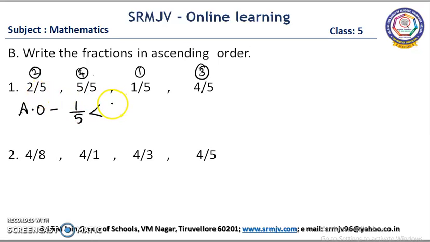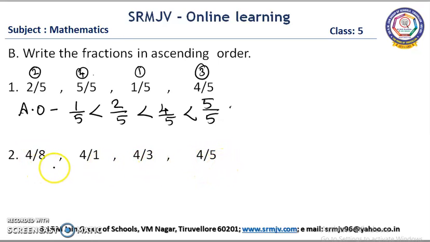Then 2 by 5 is the smaller fraction. Then 4 by 5 is the greater fraction. And 5 by 5 is the greatest fraction. This is the ascending order of the given fractions. Is it clear, children?